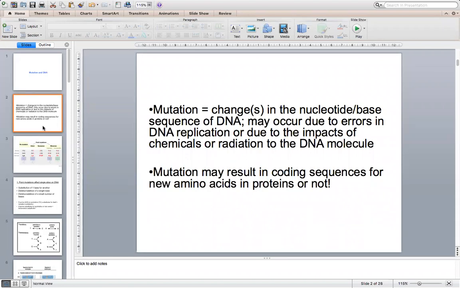Sometimes you may observe changes in the DNA sequences that will be reflected in the protein, in the amino acid sequences, which in turn may give you some newer proteins. But sometimes it will not have any effect.